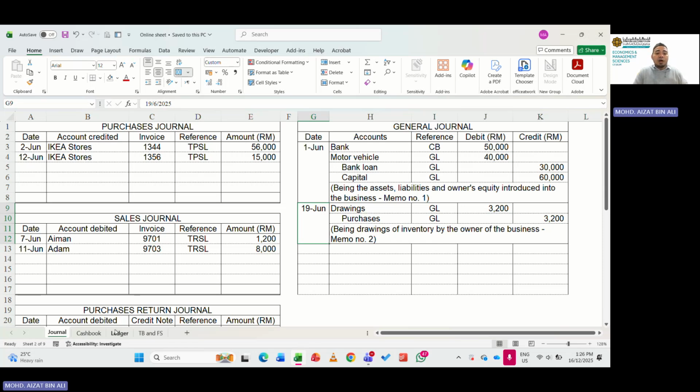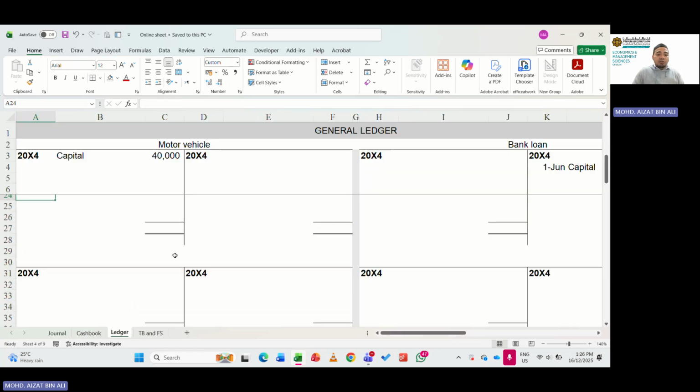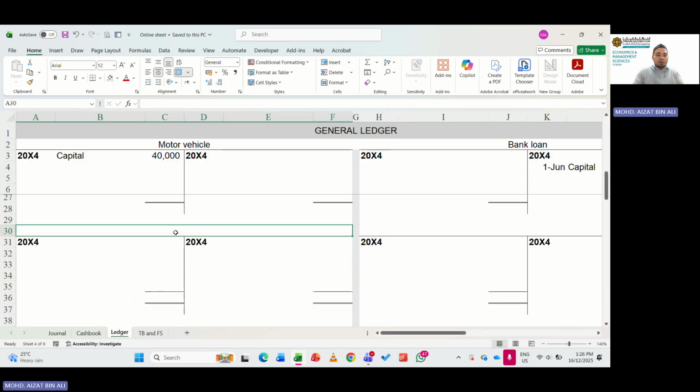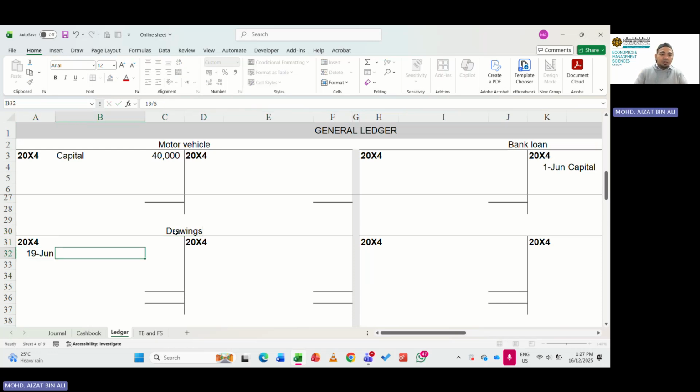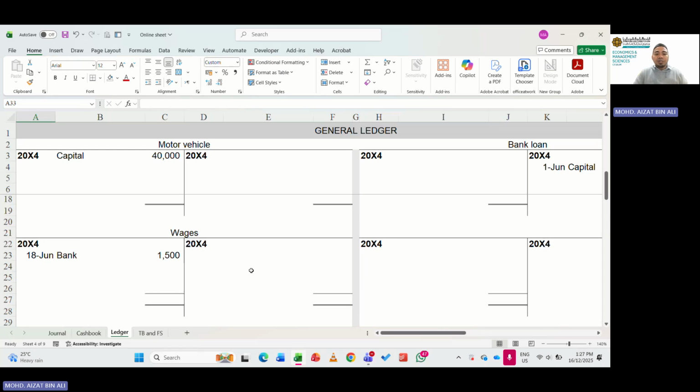So next we're going to update this in the GL. Let's open our drawings account. Drawings is debited. So 19 June purchases and the amount is 3,200 ringgit. Have we opened purchases yet?